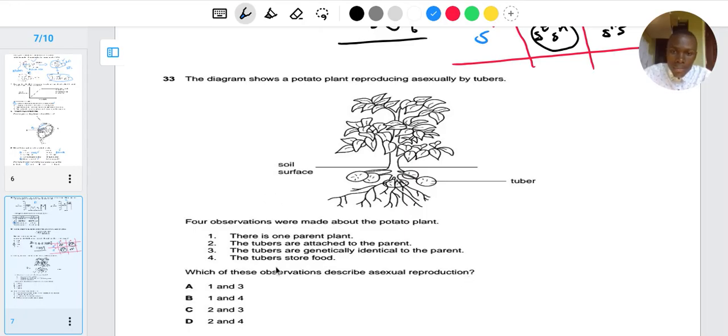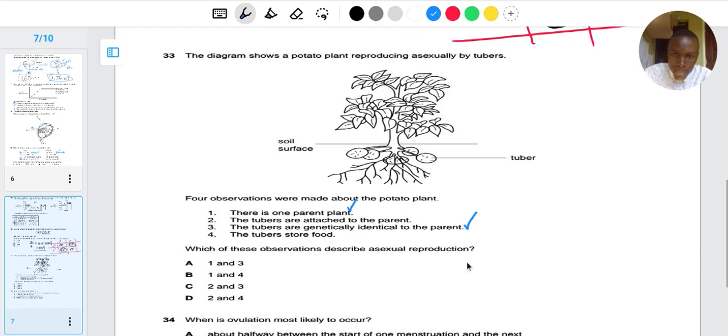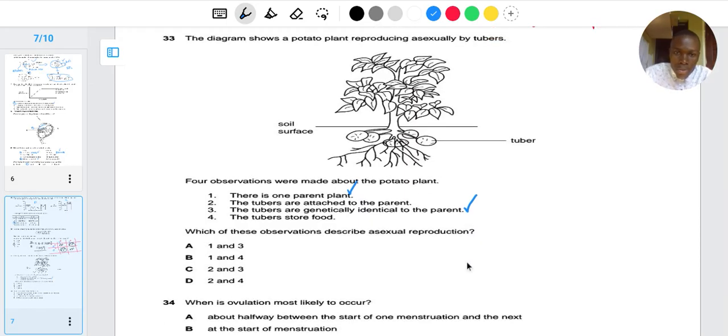For asexual reproduction, you're going to find that the tubers are going to be identical to the parent. That is one thing that you need to know. Apart from that one, there is one parent, which is correct. Then the tubers are attached to the parent, which is also correct. Now, which one are we going to choose here according to what usually happens under asexual reproduction?